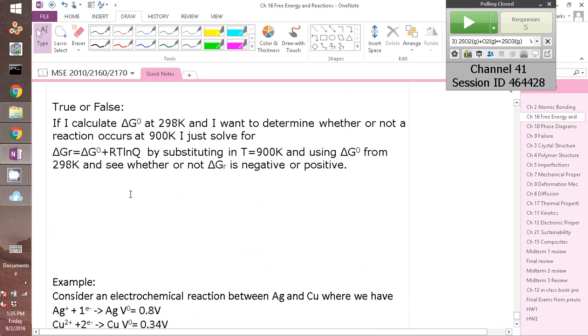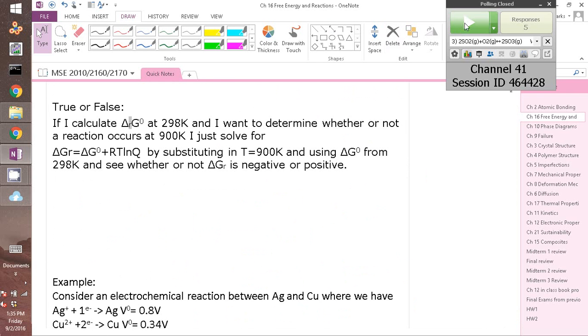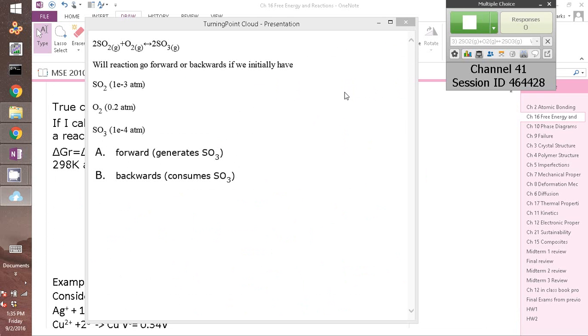Okay, true or false? If I calculate delta RG naught, excuse me. Actually, this might be the next question. Let's see if this one's broken too. Oh, there it is. So everybody, get your free points and type A. You were here in class. You got a free point.